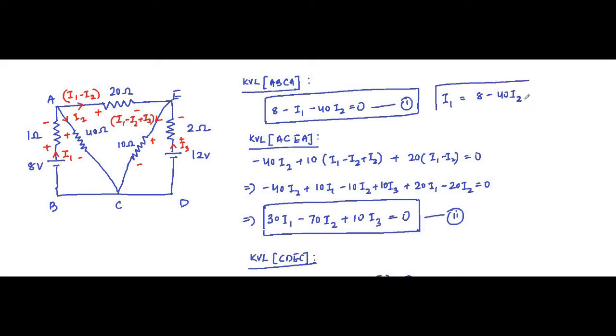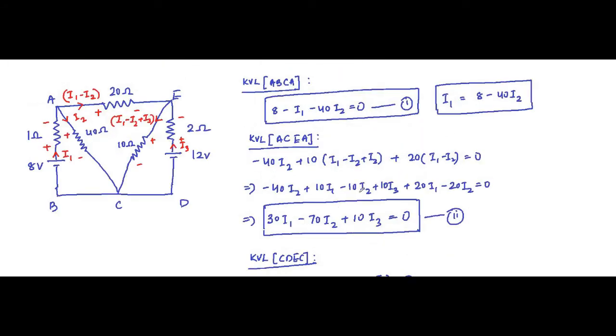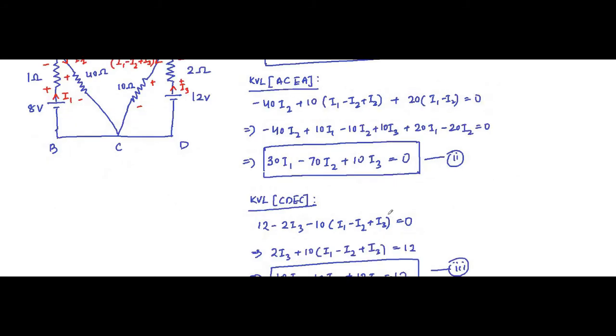We can substitute this value in equation 2 and equation 3. Suppose we substitute I1 is equal to 8 minus 40 I2 in equation 2, and it will become 30 into 8 minus 40 I2 minus 70 I2 plus 10 I3 is equal to 0.